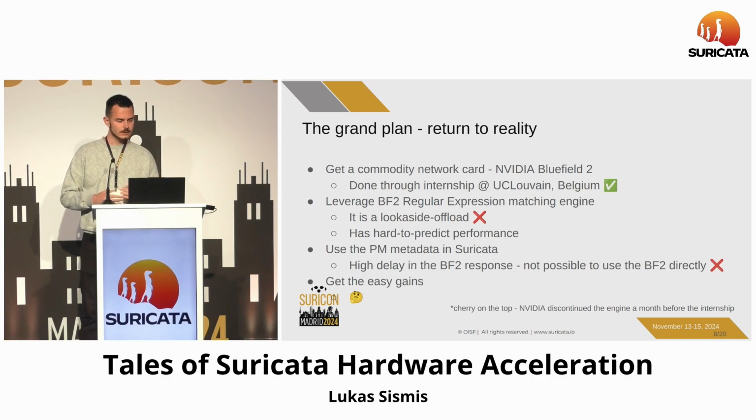So those are some of the things that we also need to consider. And so the use of pattern matching metadata, as we thought might be a good idea, was not possible because we couldn't attach it directly to the packet.